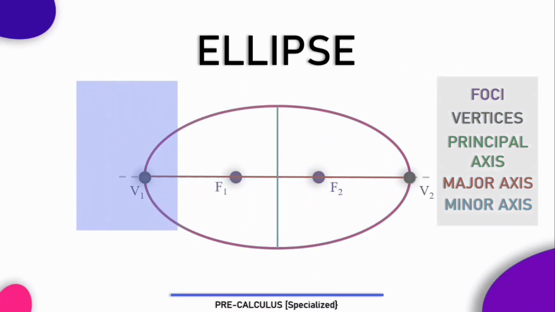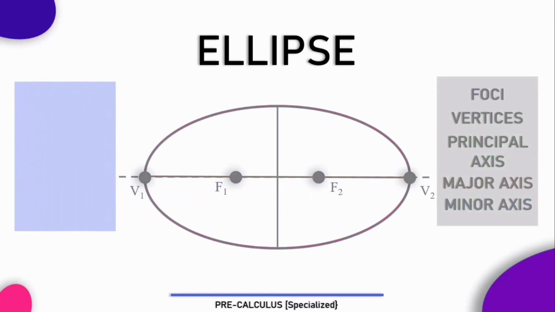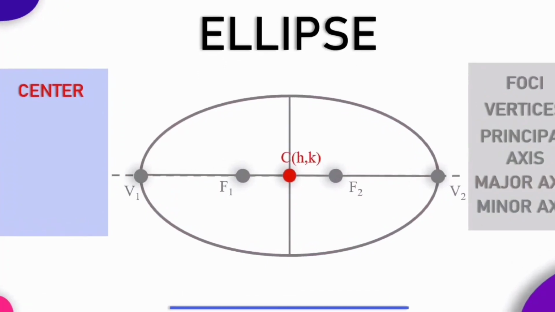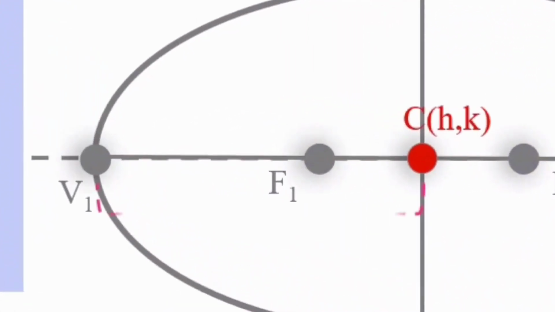Let's continue. The point of intersection of the major and the minor axis is the center with the coordinate of h and k. Parang sa circle, right? So we let the distance from the center to a vertex be a, since that is half of the major axis. Therefore, the total length of the major axis is 2a.